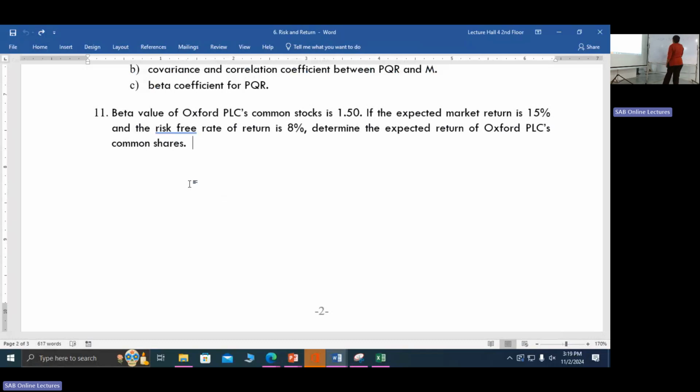Risk-free rate is 8% plus beta is 1.5 into market return 15% minus 8. So how much is the expected return?